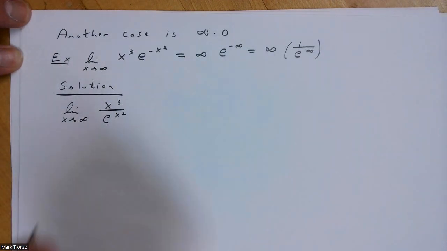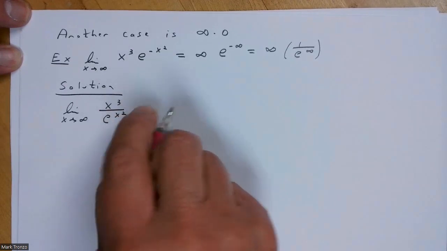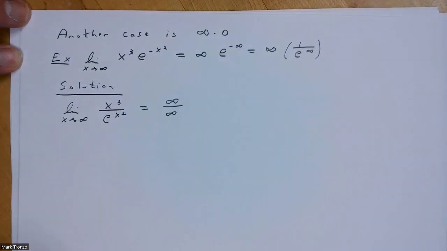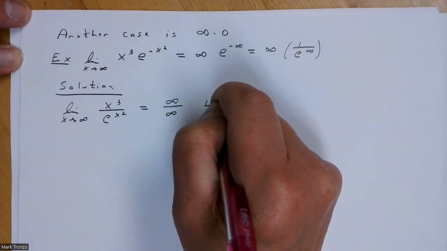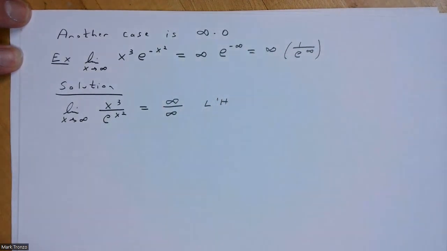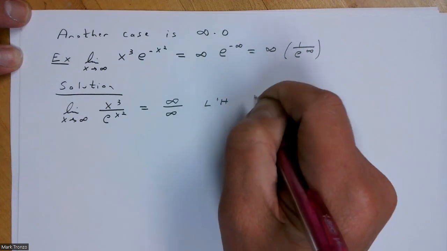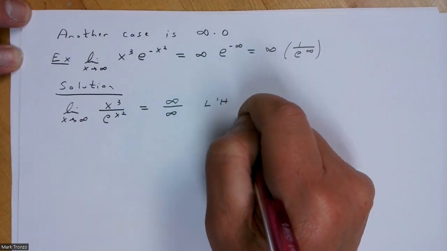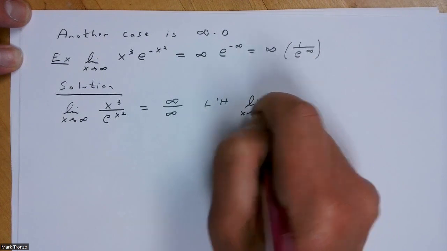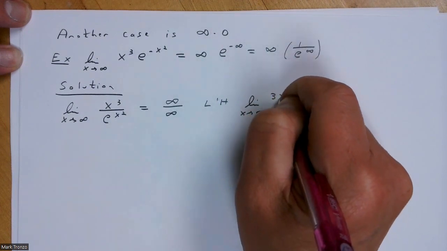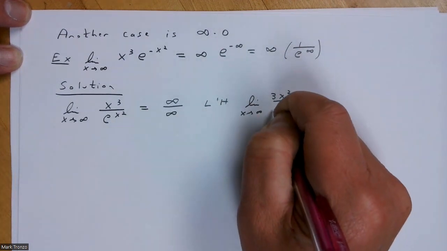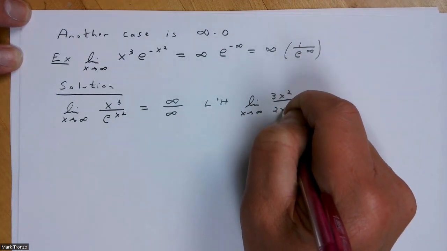And then notice here, we're going to have infinity over infinity. And then we can use L'Hopital's rule. Take the derivative of the numerator, divide by the derivative of the denominator.